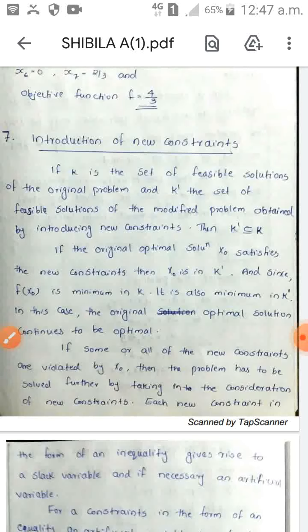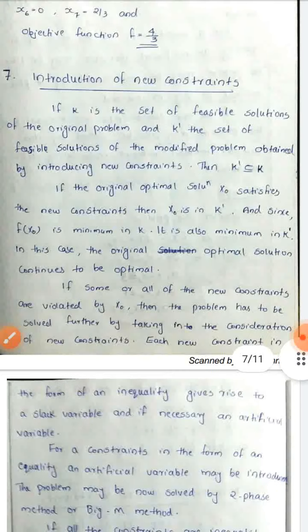Each new constraint in the form of an inequality gives rise to a slack variable and, if necessary, an artificial variable.